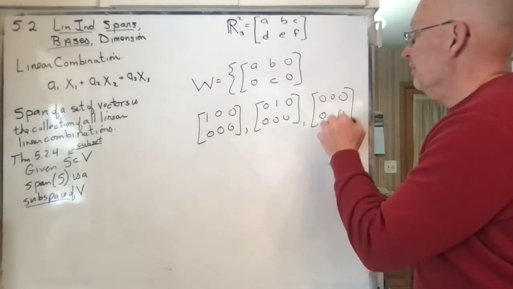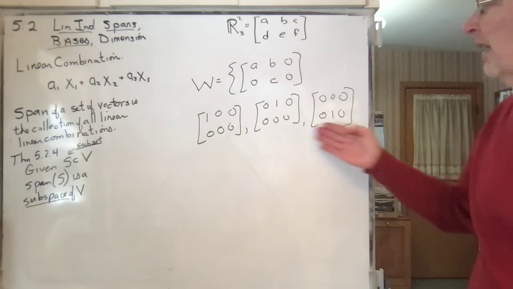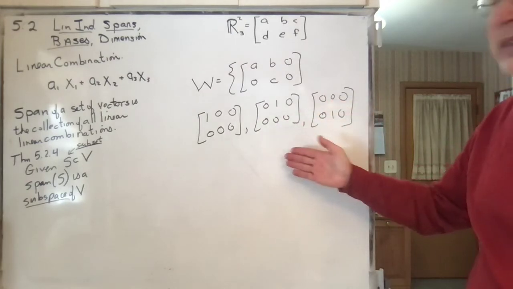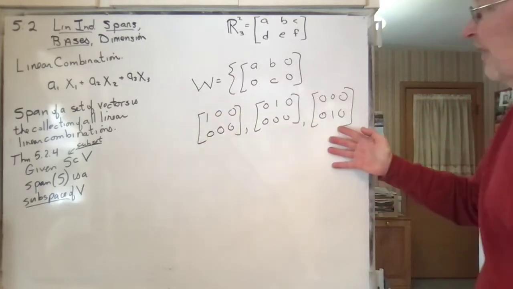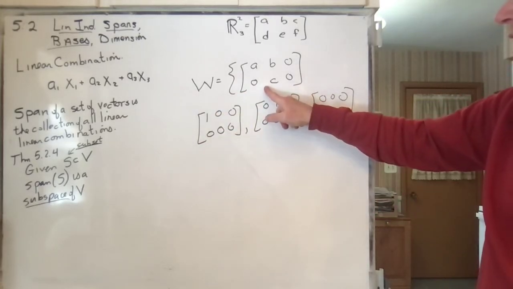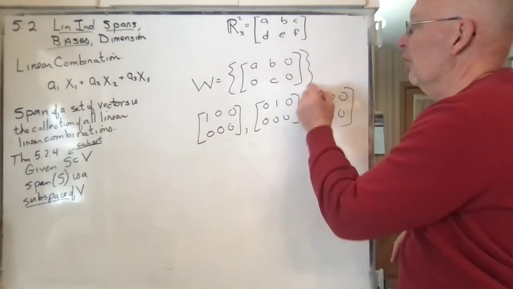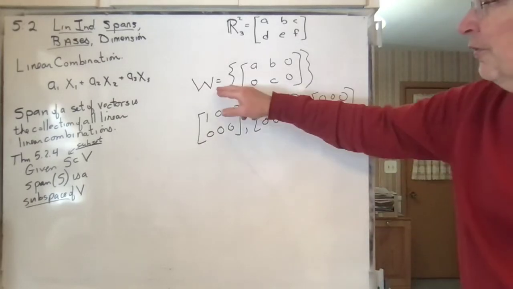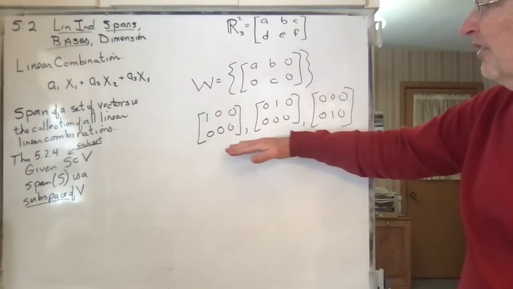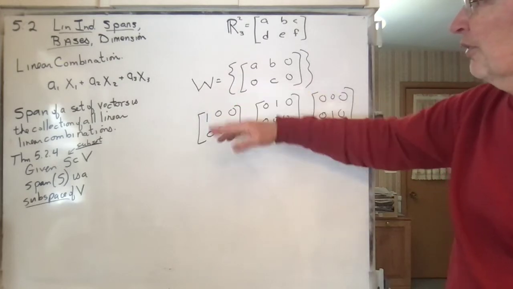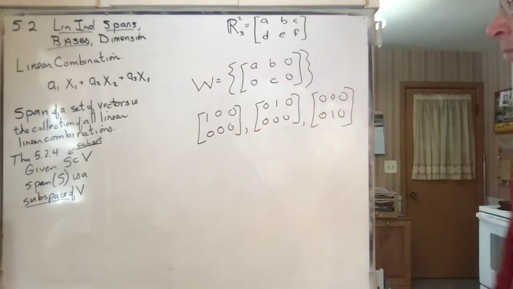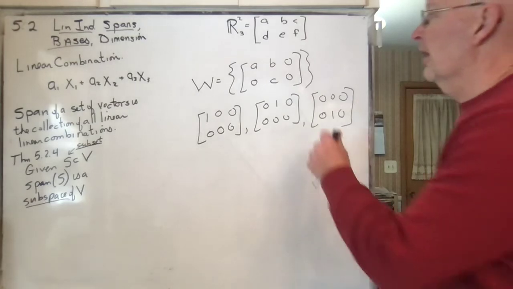And this is a 1. There's no way I can get one from the other, so they're linearly independent. And if I take all linear combinations of these, I'm going to get this. I'm going to get W. See that? So this is a basis for this. And so this is linearly independent, and it's a basis. So the dimension of W is 3, and there's a basis for it.